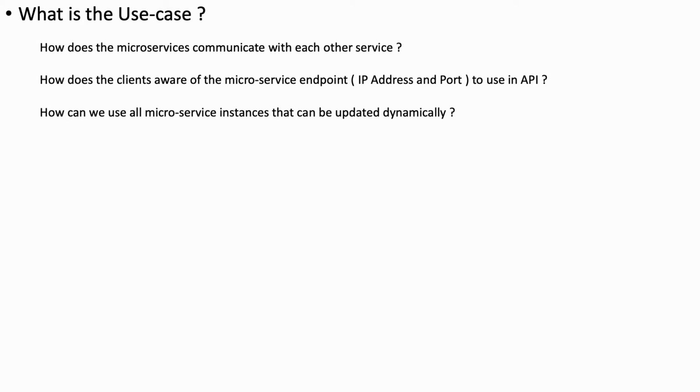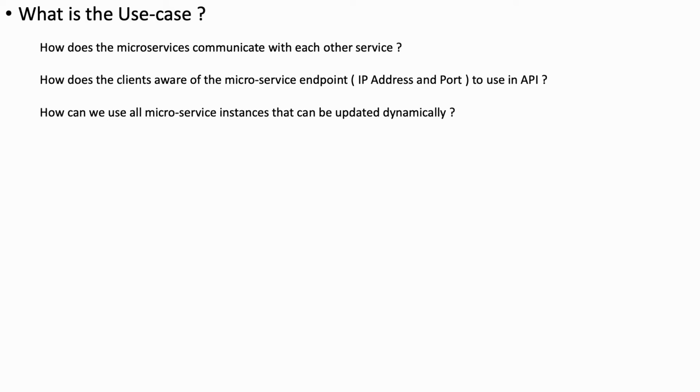When you are having a microservice based architecture, sometimes you will add extra microservice instances depending upon the load. Similarly, sometimes you might delete or deregister an existing microservice if the load is less.